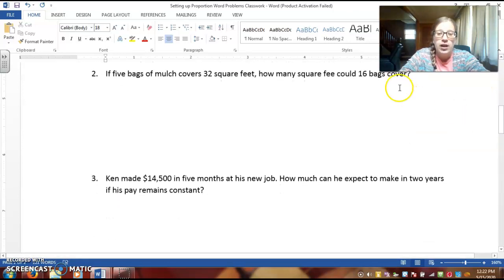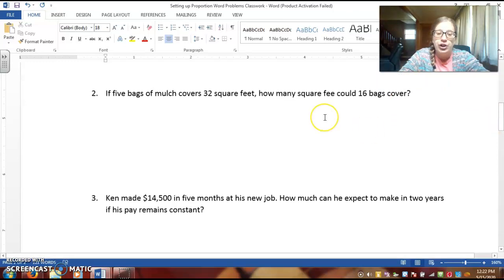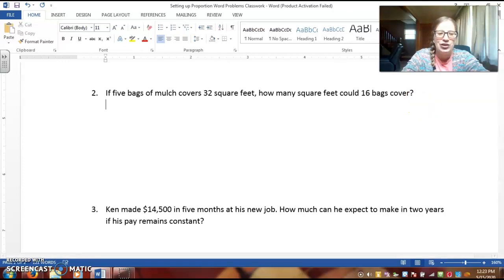Number 2. If 5 bags of mulch covers 32 square feet, how many square feet could 16 bags cover? In this situation, we are given another proportion. I try and trick you a little bit in this first sentence.